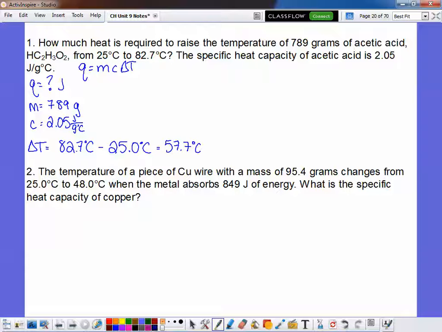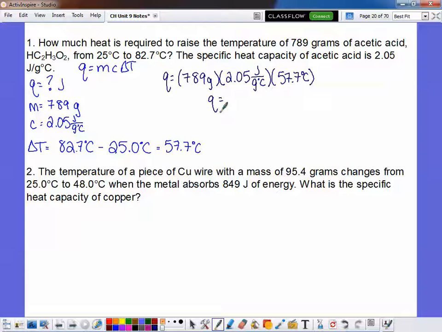So now we're just going to plug everything in because we're solving for Q. We just have to multiply everything: 789 grams times 2.05 joules per gram degree Celsius times 57.7 degrees Celsius. How many sig figs will our answer have? 3.